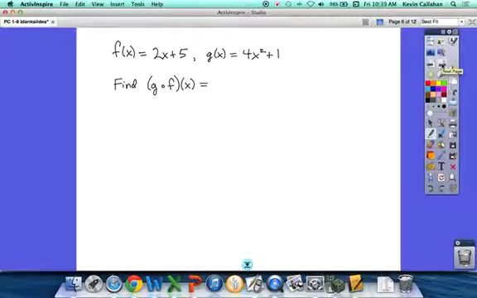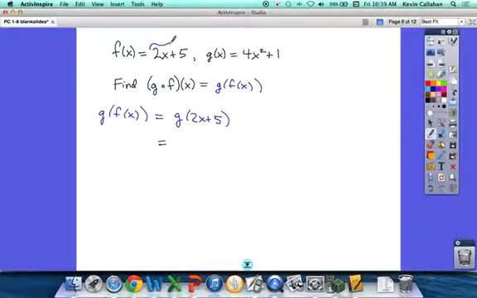Okay, now, same two functions. We're going to reverse the order. Instead of f of g, we'll do g of f of x. First step, replace the inner function with what it equals. G of 2x plus 5. Now evaluate the outer function, which means you're going to take this and put it in the place there.